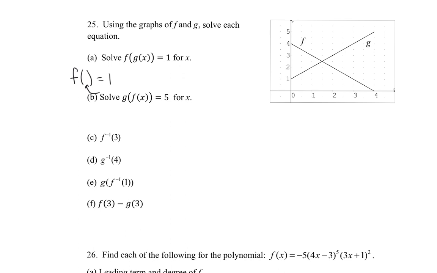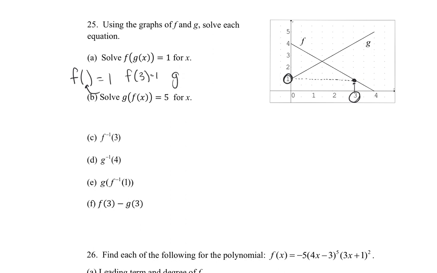We go to our graph and go to y equals 1, and we see where that leads us. That's 3. Whenever we plug in 3 for x, we get 1, so f of 3 equals 1.